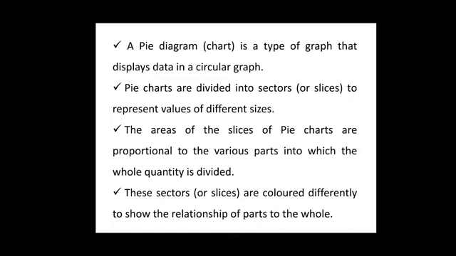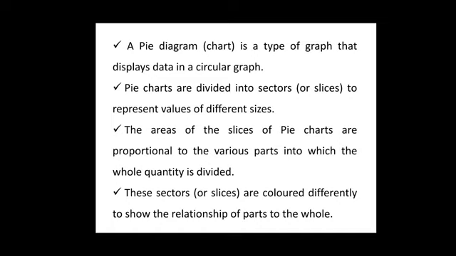Or in other words, we can define it as a circle divided into various segments or parts, and those segments are called sectors or slices, which show the percent values of a set of data series. In a pie chart, the arc length of each slice or sector is proportional to the quantity or percentages it represents.